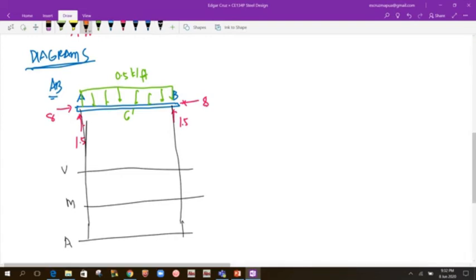So for the shear diagram we have 1.5 going up. Okay, so 1.5, then you have a uniform load of 0.5. So 1.5 minus 0.5 times 6, so we have negative 1.5. So negative 1.5, so it would be somewhere here.